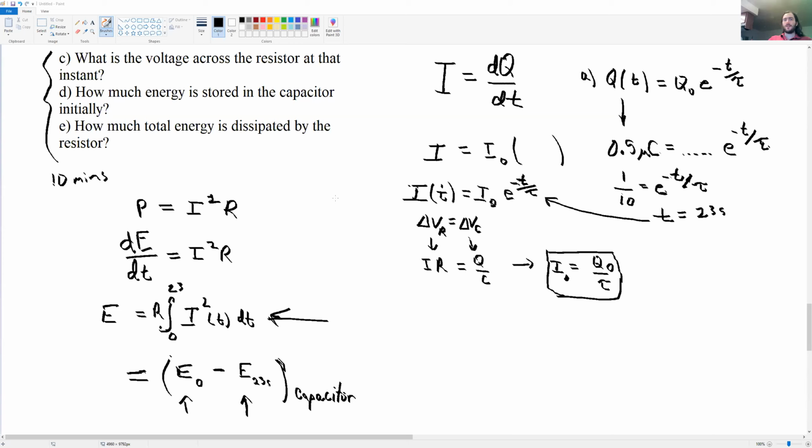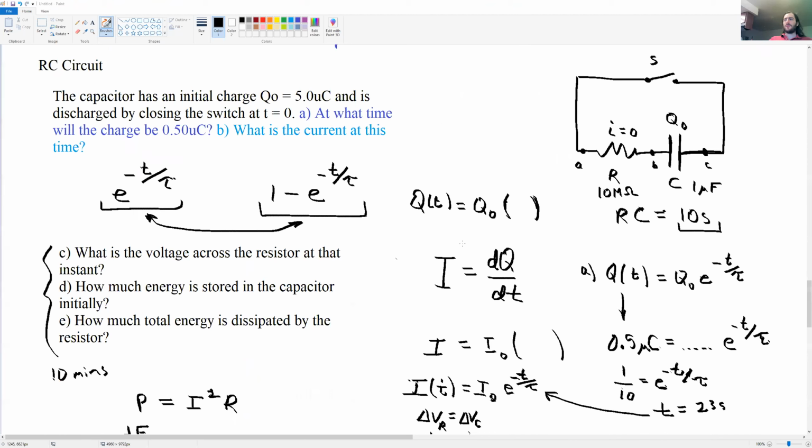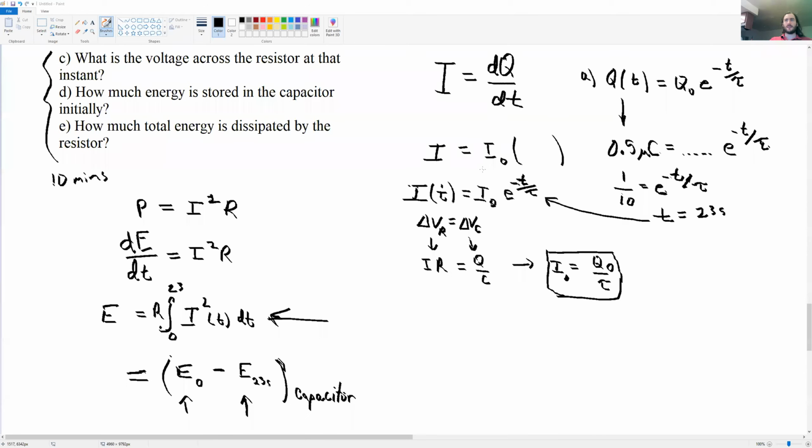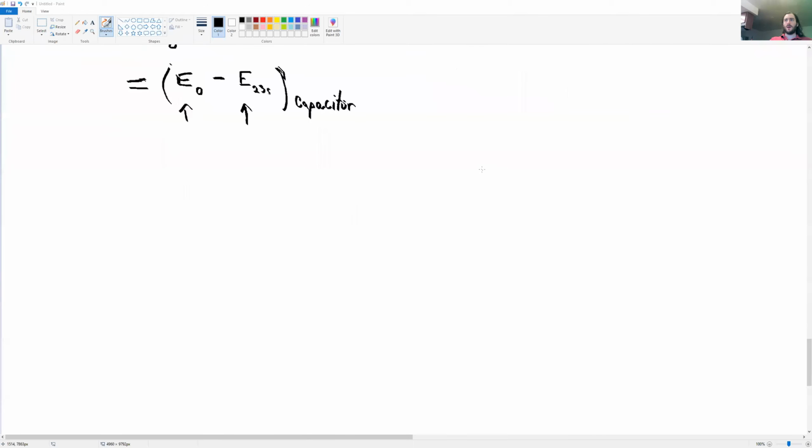But this is essentially all of the topics that will be on the exam. So we've covered everything in our review sessions now. Now, this particular RC circuit problem here was a discharging capacitor. So obviously the next thing to do might be to take a look again at a charging RC circuit.